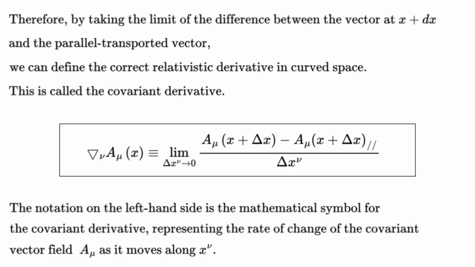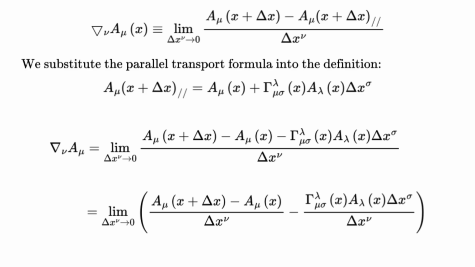The notation on the left-hand side is the mathematical symbol for the covariant derivative, representing the rate of change of the covariant vector field A mu as it moves along x nu. We substitute the parallel transport formula into the definition of the covariant derivative.